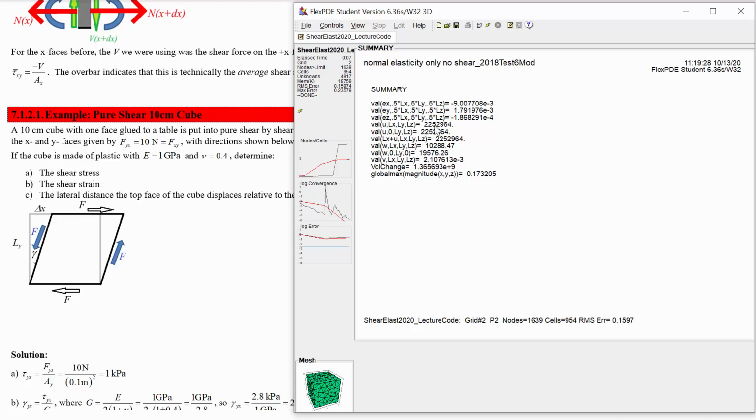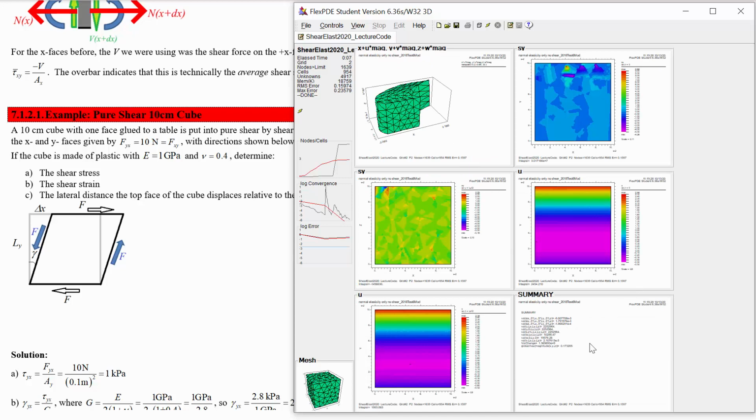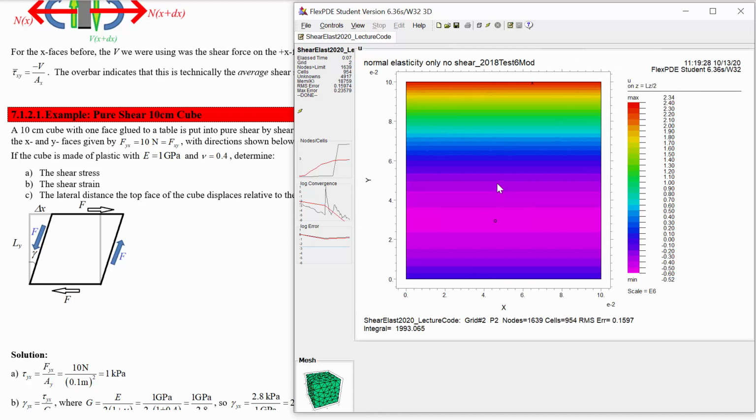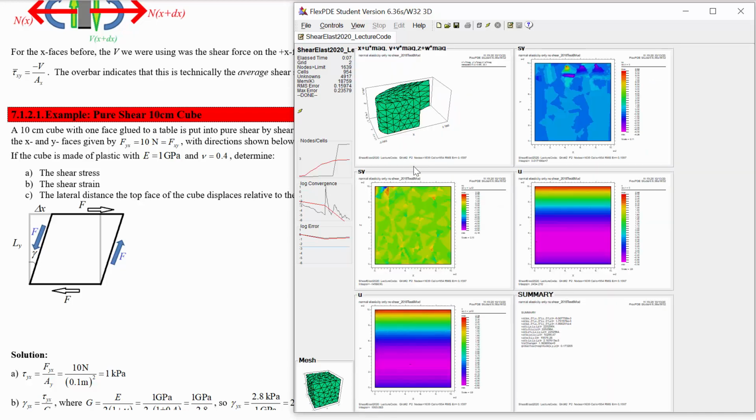So we have like 2 million displacement in the x direction and 2 million displacement in the x direction at the other side. So this is very odd, right? Even though we're supposed to have no net force on this thing, we have displacements in the millions of meters. Something is wrong for this 10 centimeter cube having a 10 Newton force on it.